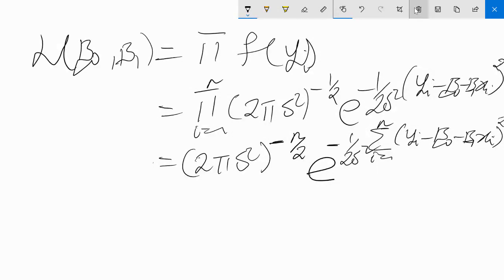And then how do we get the values that maximize this likelihood function? We differentiate the likelihood function with respect to the parameters. We differentiate with respect to beta 0 and solve for beta 0. We differentiate with respect to beta 1 and solve for beta 1. However, the values that maximize the likelihood function are the same as the values that maximize the log of the likelihood function.